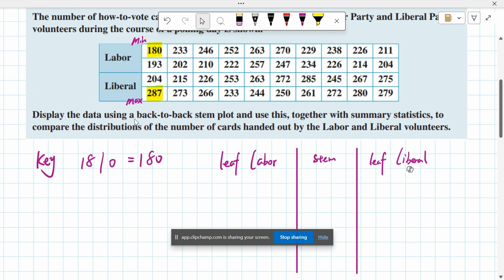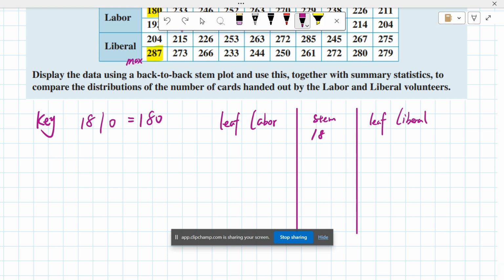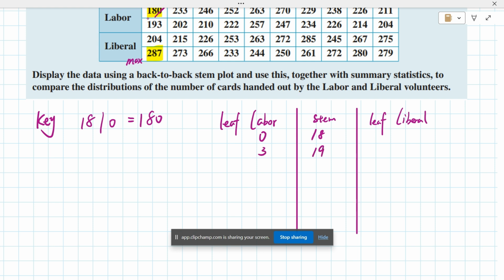Now what we do is plug into both sides. So we have 180, so 18 with 0 here. Do we have any 180 anymore? No, so we cross that. The next one we have is 193, so it's still in the Labor, so we substitute 3 in here.